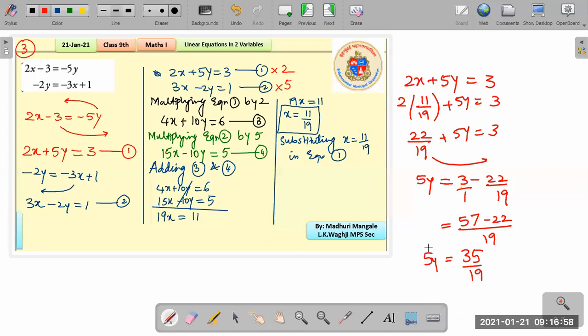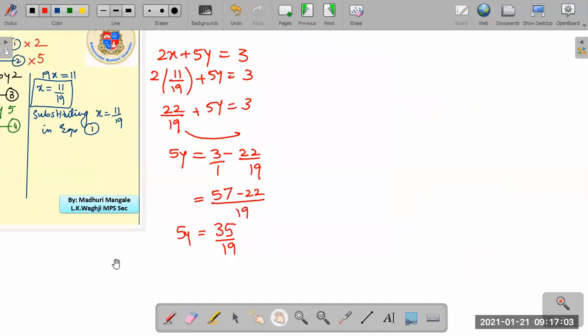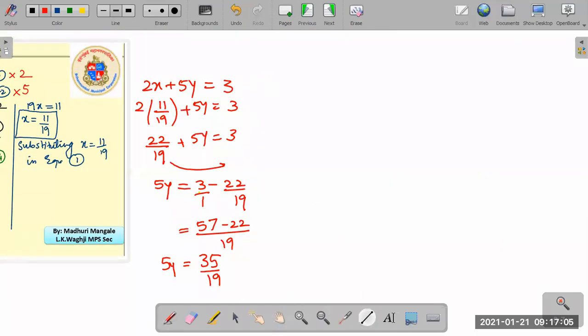Now we have to get rid of this 5. What should be done? So 5 is in multiplication. We shift it to the other side. It becomes division. 35 upon 19 divided by 5.